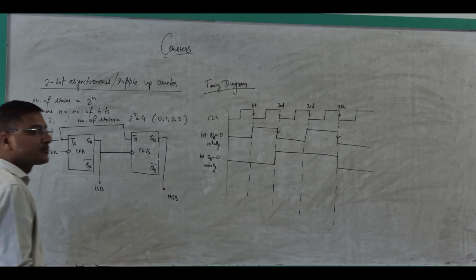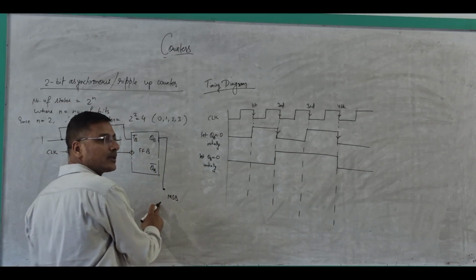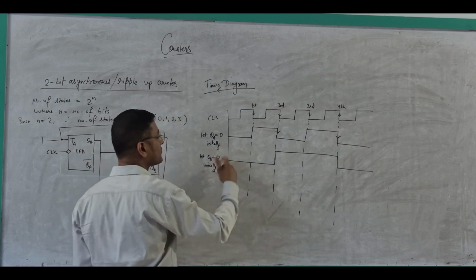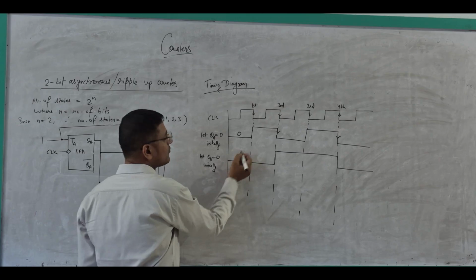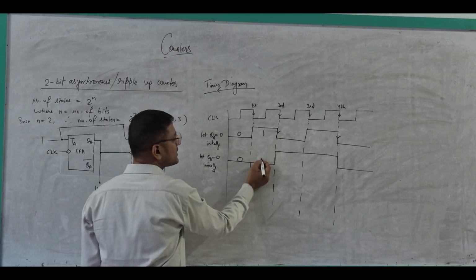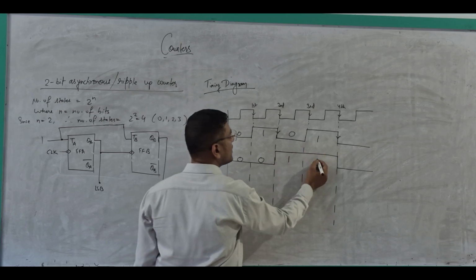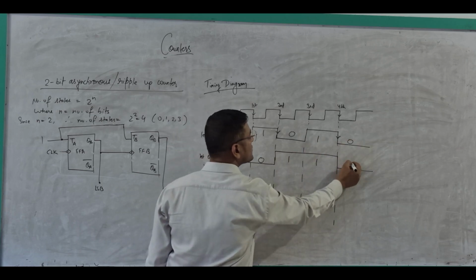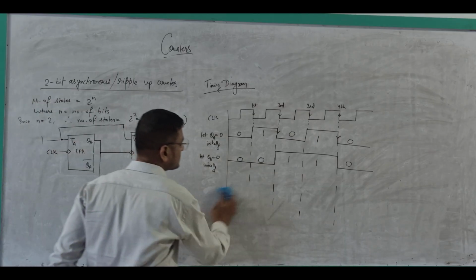Now let's write the values, since QB is the MSB. Anyways, let's write the values. What value is this? 0. What value is this? 0. What value is this? 1. What value is this? 0. And again 0. Okay, now we'll write the table.